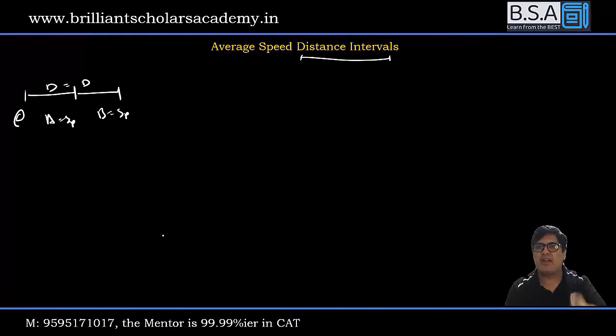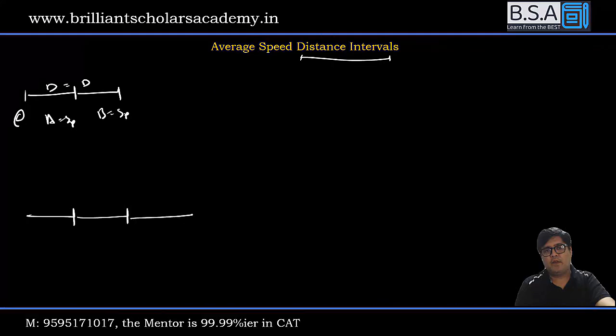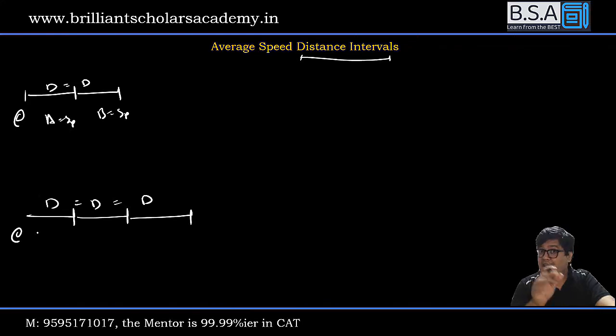Or Dinu has divided distances in three equal parts. That is the catch here. And the speeds are A, B, and C. What will the formula look like?